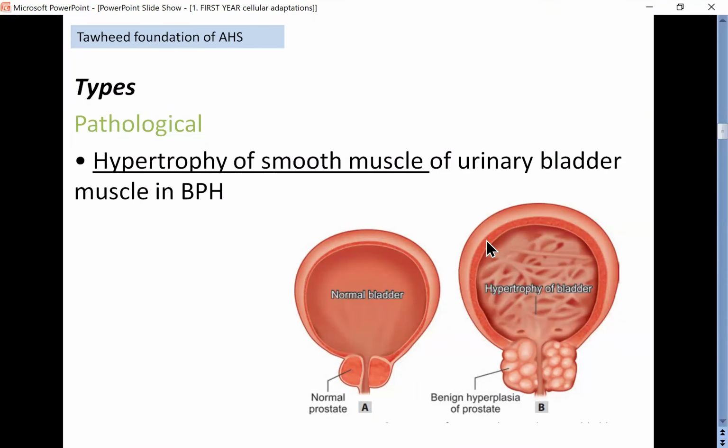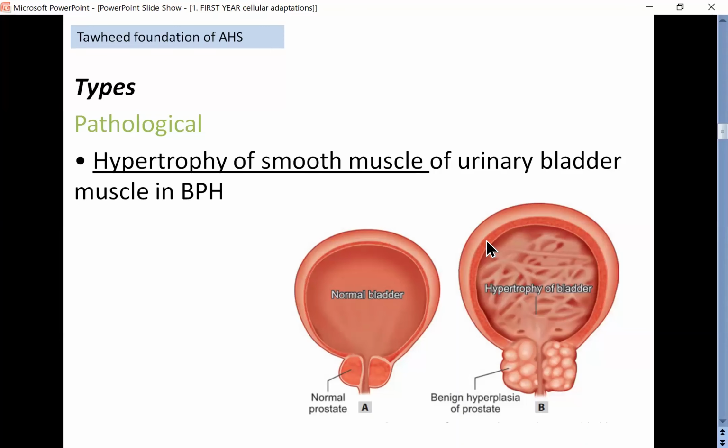So till now we have completed hypertrophy. Hypertrophy means increase in the size of the tissue or the organ due to increase in the size of the cell. Almost all the causes of hypertrophy are because of an increase in functional demand or workload. We have two types of hypertrophy.